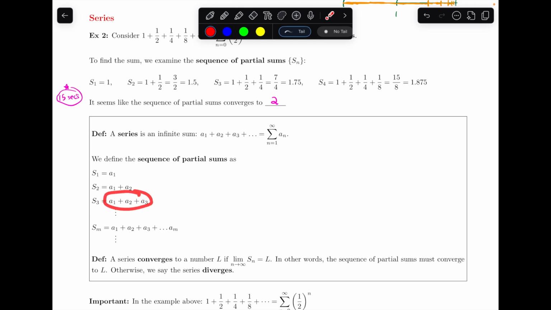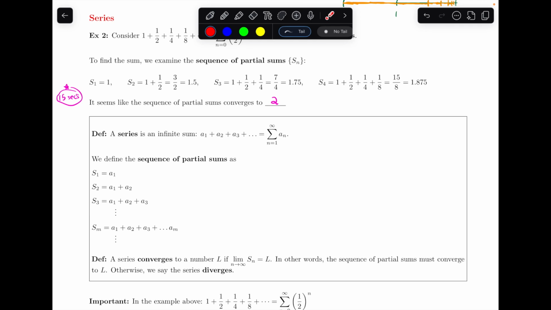Then it's the first three terms added together. And I could keep going. When you look at this sequence of partial sums, if that limit equals some value L, then we say the series converges to L. But if that doesn't happen, because sometimes these limits either end up being infinite or they do not exist, then I say the series diverges.